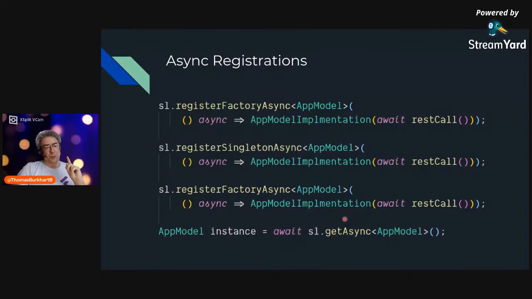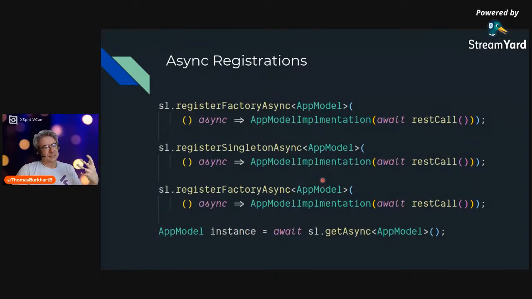But, and that's important, this is only necessary as long as we are not sure that the asynchronous factory function has completed. If we know that it has completed, we can access these objects exactly the same as if they were not asynchronous objects. Then we could just use get like before.